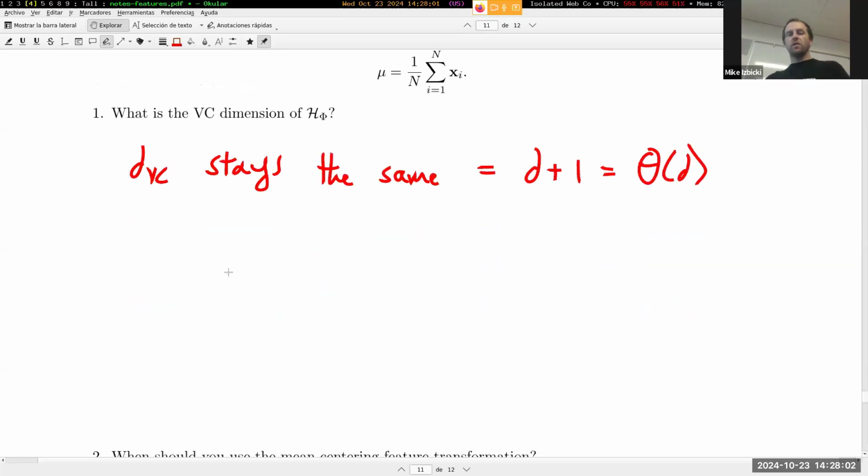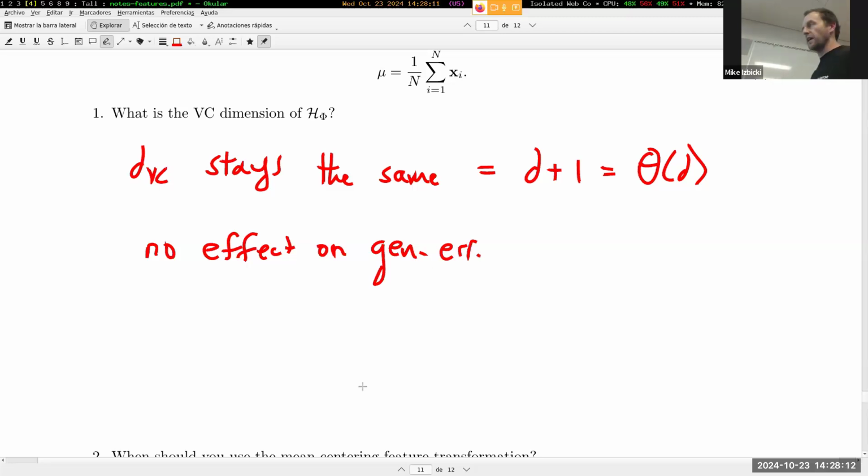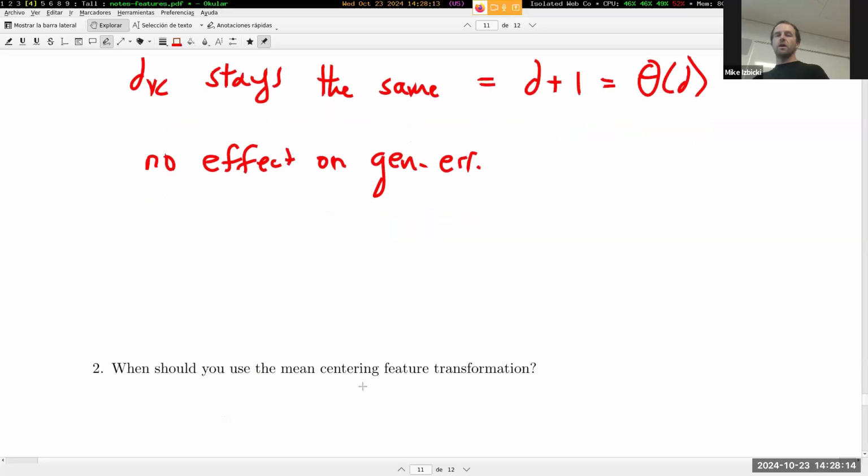And so this implies no effect on our generalization error. That means it's always a safe transformation to do, not going to hurt us statistically in any way.